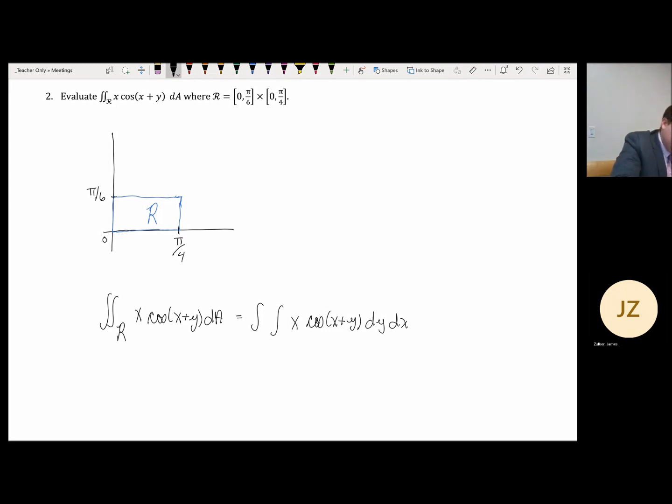So y is going to go 0 to pi over 6. x is going to go, oh, oopsies. I drew that rectangle backwards. I need to rotate that.